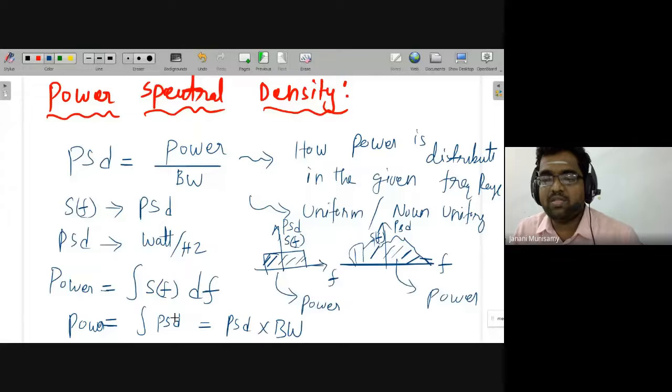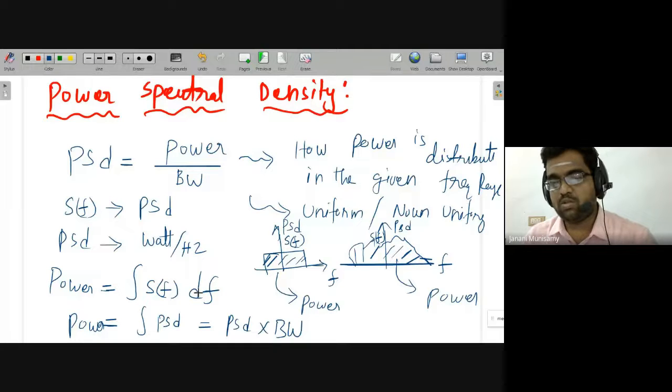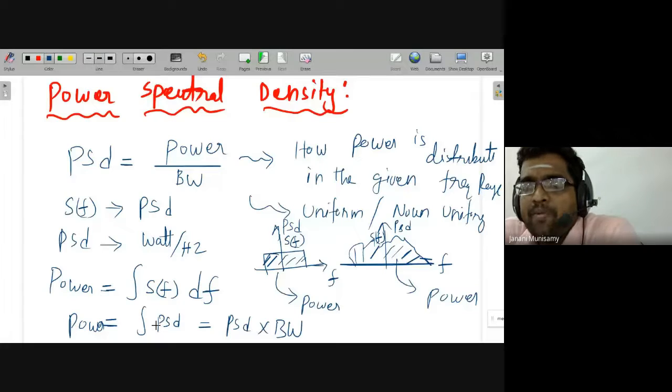Otherwise, if it is non-uniform, only then we have to use integration. This integration will work for uniform also, so in general we will use the integration formula. So power is equal to the integration of power spectral density. Quickly we have seen what power spectral density is and how it is related to power and bandwidth.